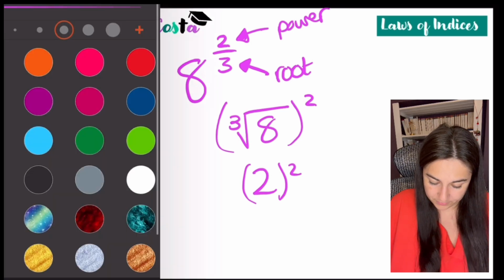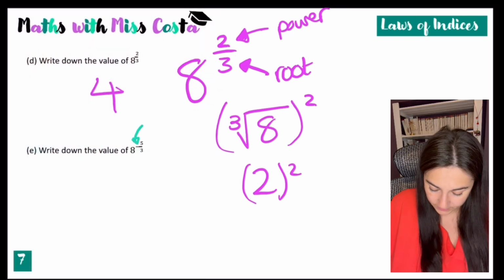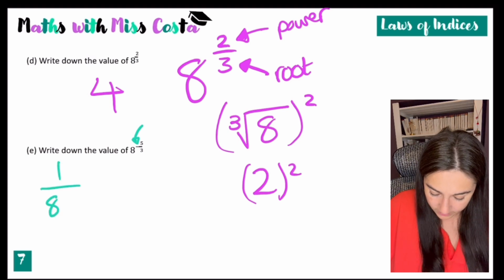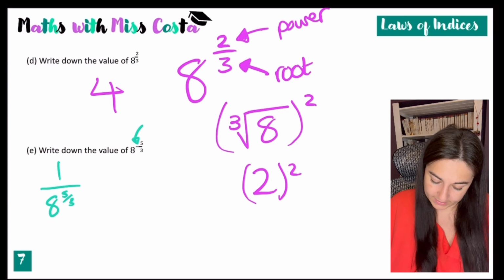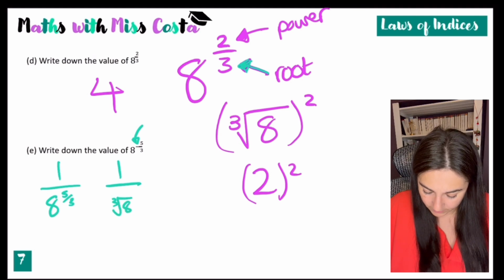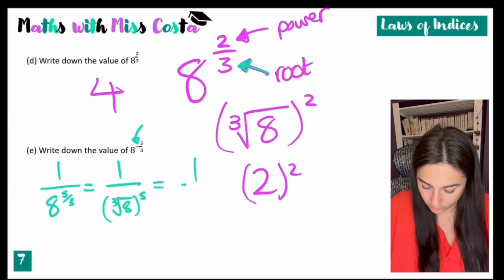Now, it gets a little bit trickier over here with negative indices. So when you see a little negative, all that means is it's the reciprocal. So that would be 1 over 8 to the power of 5 over 3. So once again, the bottom number means the root. So that's the same as 1 over the cube root of 8 to the power of 5. What's the cube root of 8?